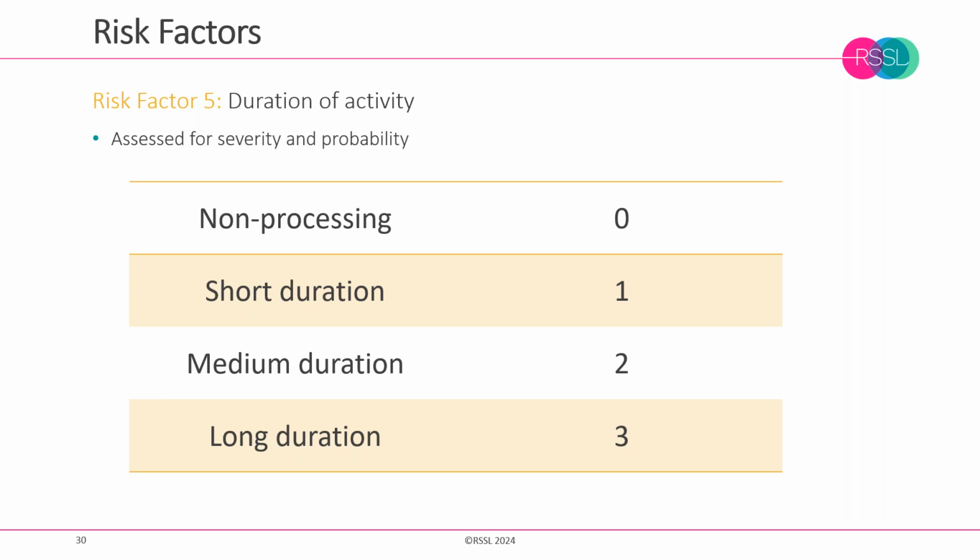That's going to vary according to different facilities. In this particular case, short duration was defined as activities less than 30 minutes, medium duration was up to 2 hours, and long duration was longer than 2 hours. But of course, those times could be different depending upon different situations.